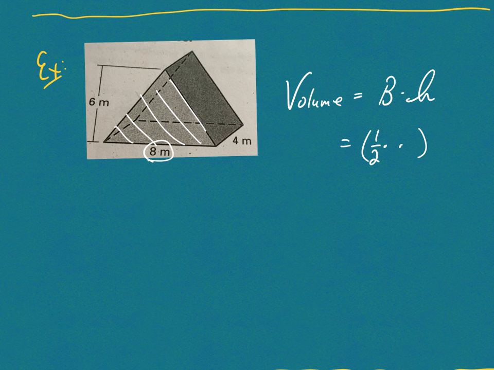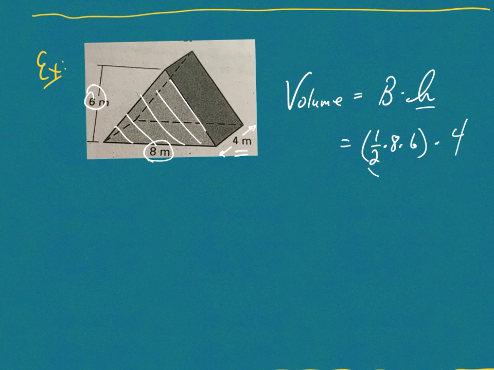Now we can see from the picture that the base of the triangle is 8, and the perpendicular height is 6. And then what we have to do is multiply by the height between the two bases. And you can see that in the picture. The height between the front of the prism and the back of the prism is 4 meters.